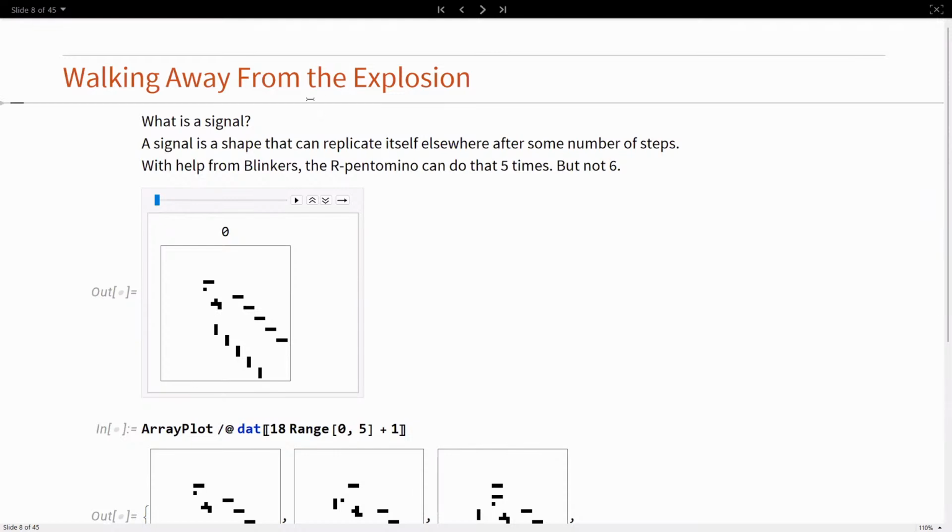So what is a signal in the Game of Life? One example is you can have the R pentomino here, and as it moves, it makes copies of itself every 18 steps, such as that, as it eats down a row of blinkers.